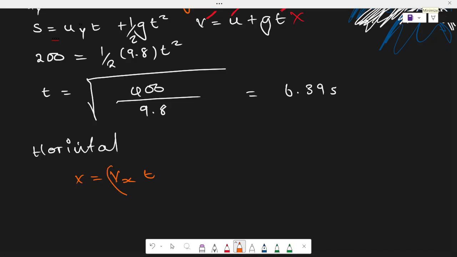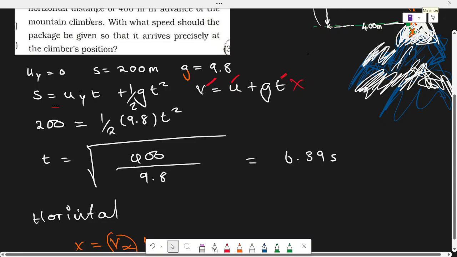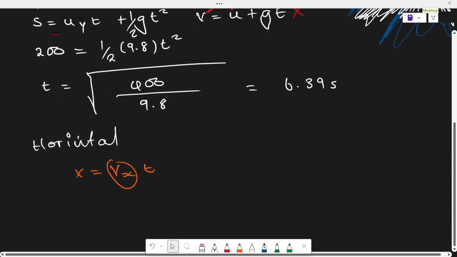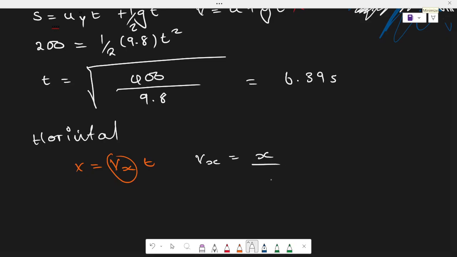What we're trying to find is this Vx, because we know x is 400 and we just calculated t. So Vx is equal to x over t, and our x is 400. Dividing 400 by 6.39, we get a value of 62.6 meters per second.